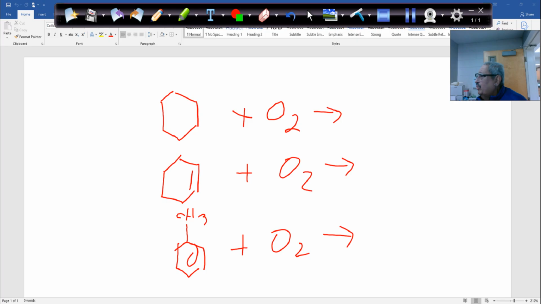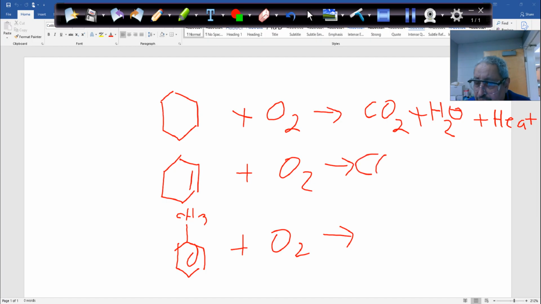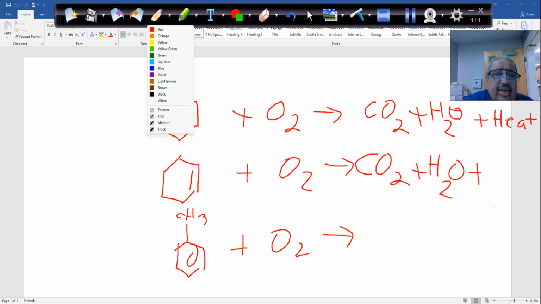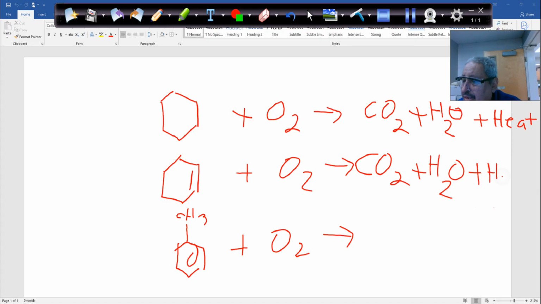The cyclohexane will burn completely and neatly. So it will give you CO2, H2O, plus heat, energy. The cyclohexene, the same thing, will give you CO2 plus H2O plus heat. However, toluene is aromatic. Aromatics don't like to be broken.